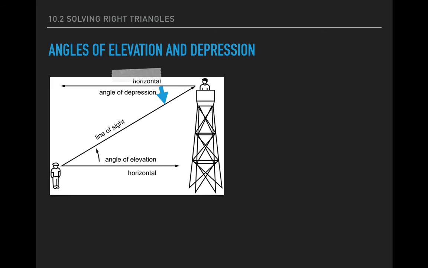And that would create a right triangle there. An angle of elevation occurs when you are looking out at a horizontal, but then your line of sight is inclined. That's an angle of elevation going up and depression going down from a horizontal.